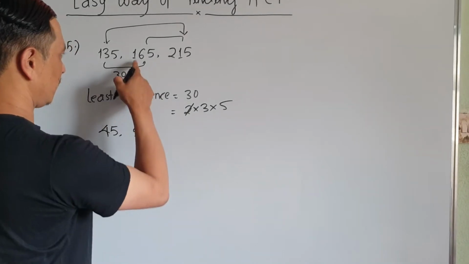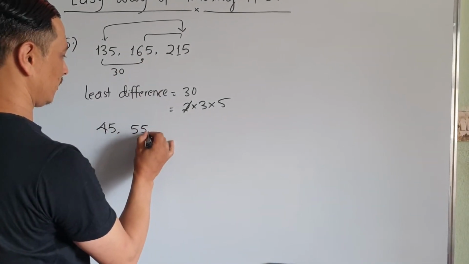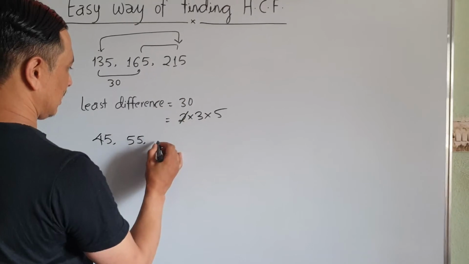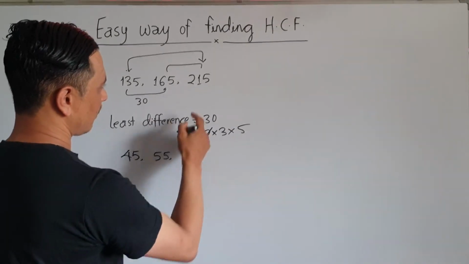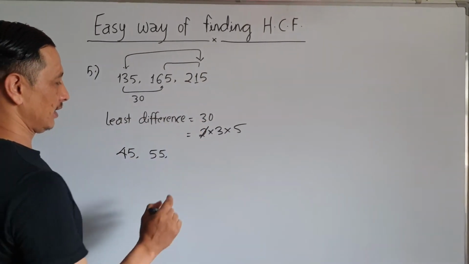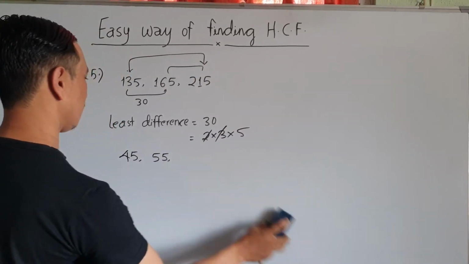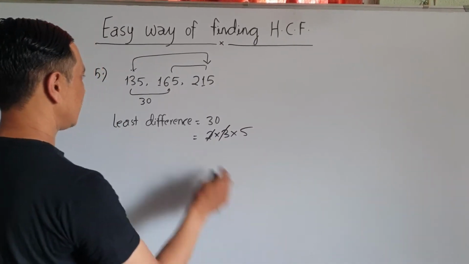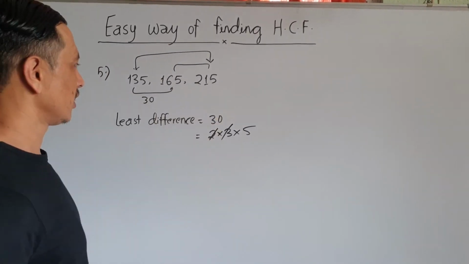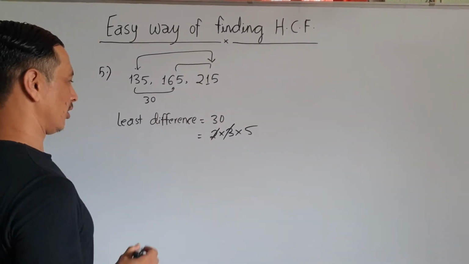But 3 does not divide the last number, so we are going to cancel 3 also. Now at last the remaining number left is 5. As the last digit of each number is 5, 5 divides all the numbers easily.